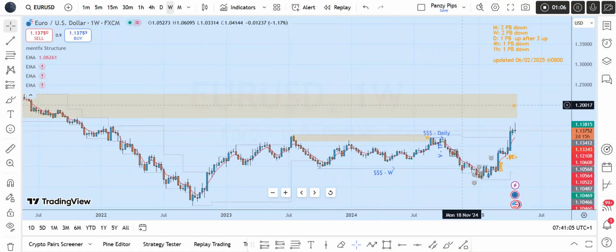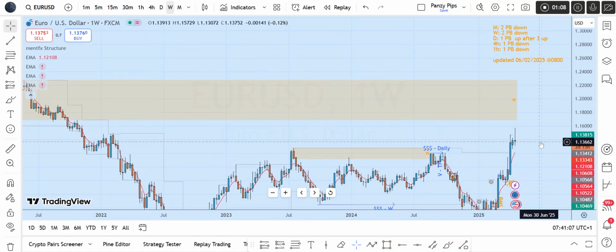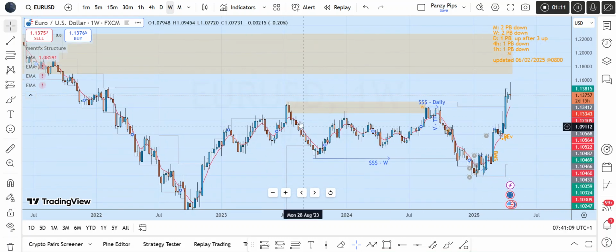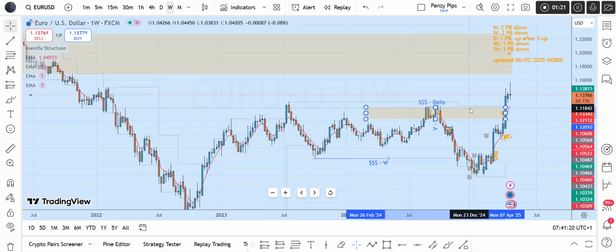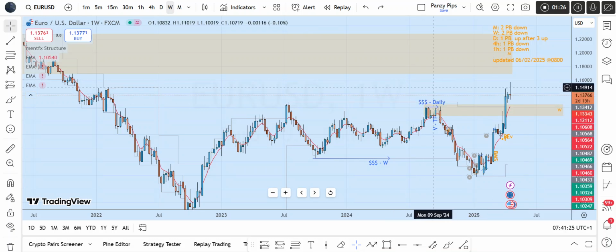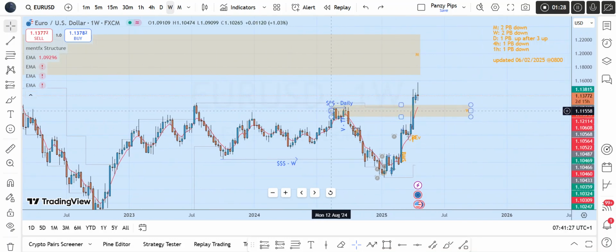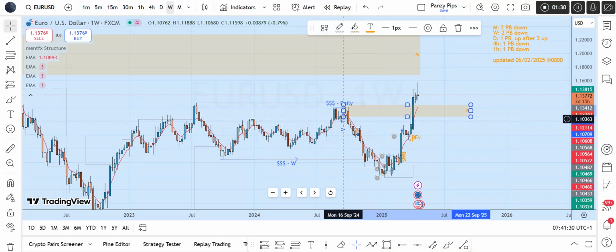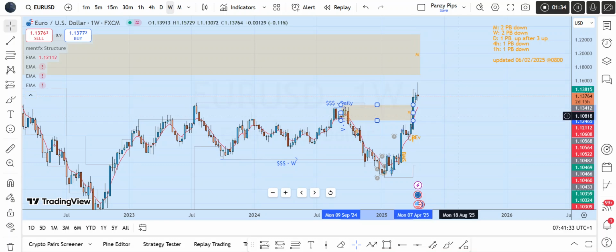On the weekly, what do we see? On the weekly, we have seen prices do some back and forth. Last time we shared analysis, price was in this zone, pushing out from here. Now we have seen prices come all the way back. We were expecting to see prices come all the way down to the zone here, and expecting to see reversal here, but that did not happen.